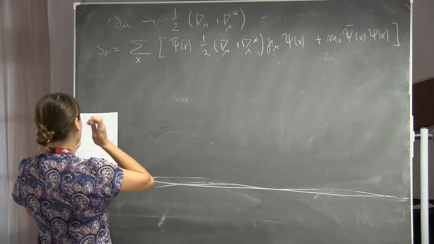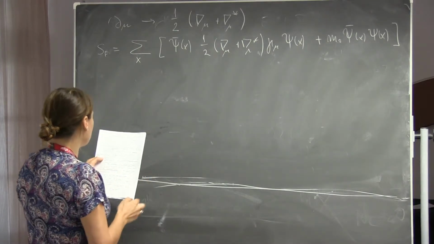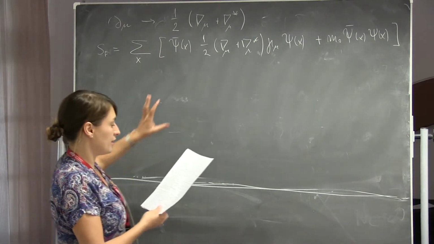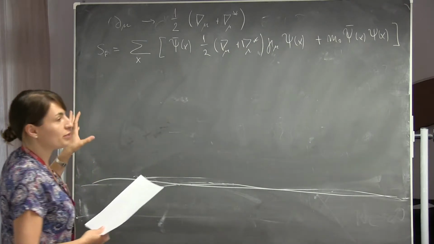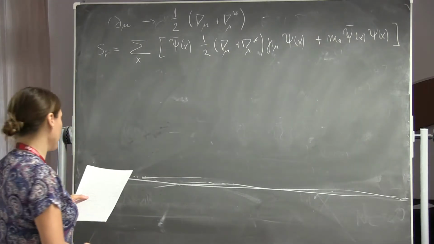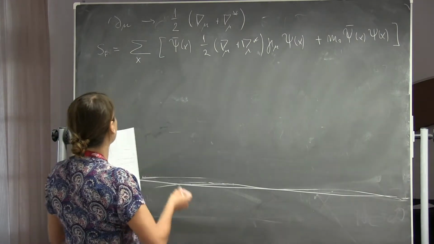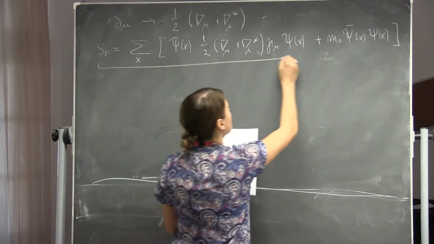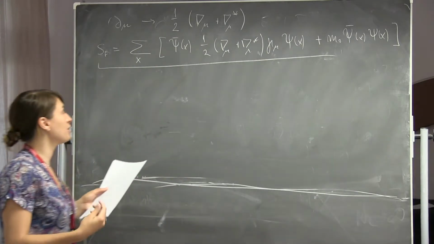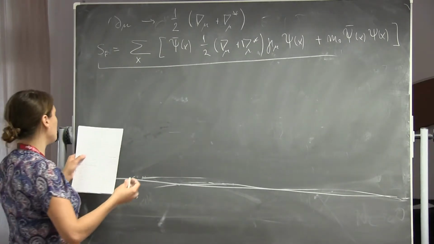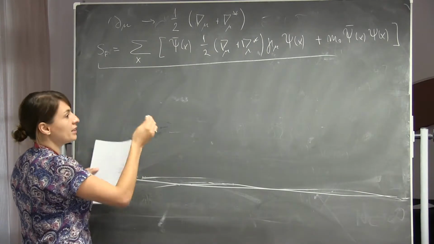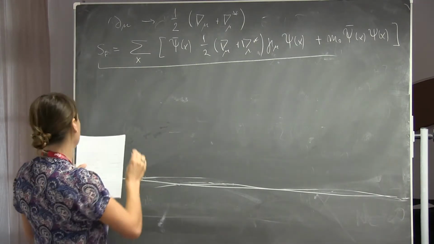And in order to understand the relation between the two-point function and the spectrum of the theory, but also to see whether this discretization of the fermion action makes sense, we will look at the propagator in the Källén-Lehmann representation.